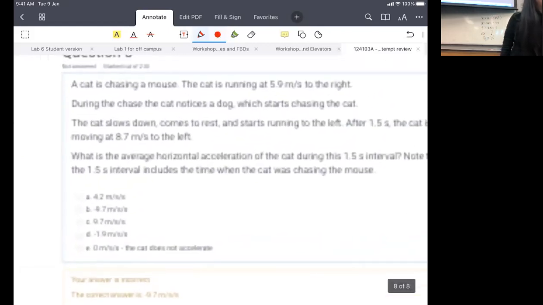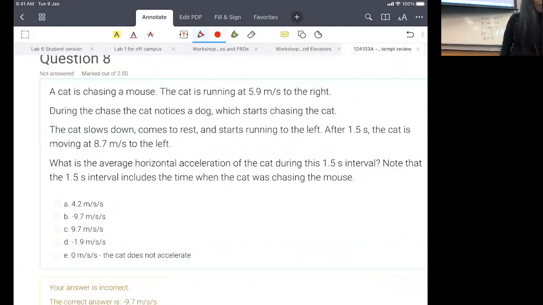And the last question, here. There's a cat that's chasing a mouse, and the cat is running 5.9 meters per second to the right. And during the chase, the cat notices a dog which starts chasing the cat. The cat slows down and stops, and then starts running to the left.